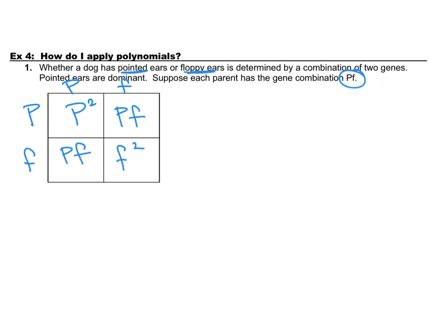All right, so if we take a look here, 1/4 of the time, which is 25% of the time, we'll have a P squared, and this is going to be pointed.